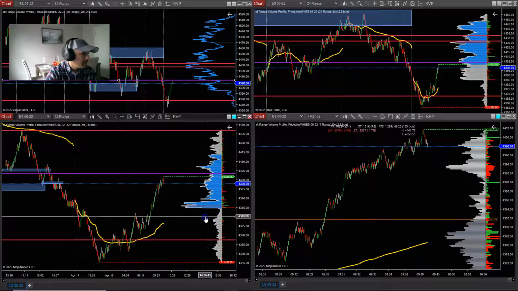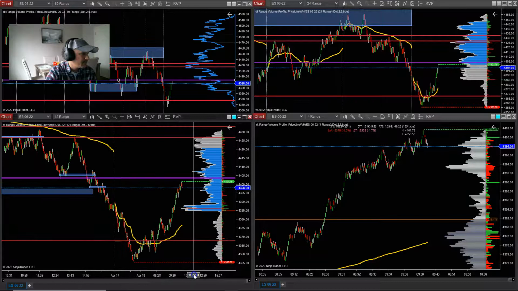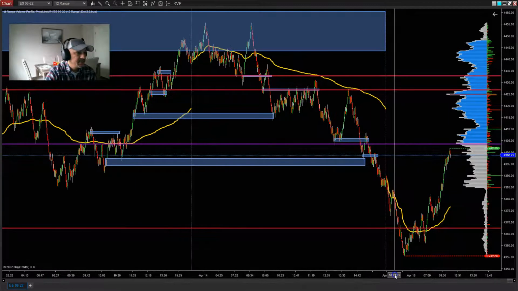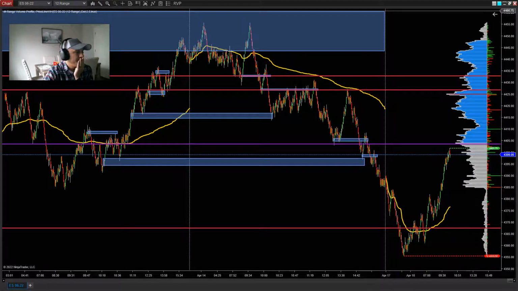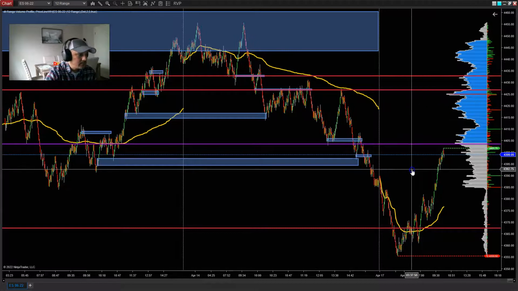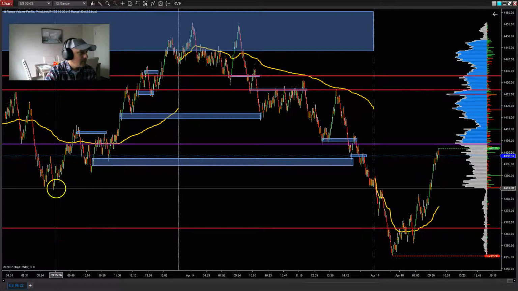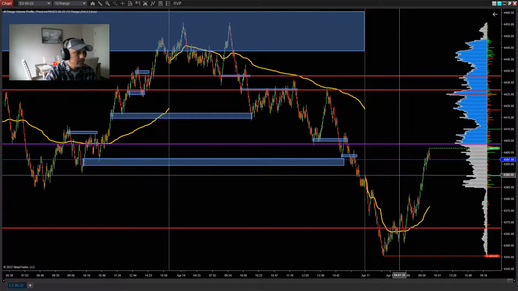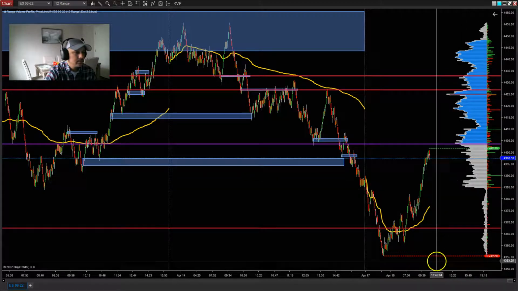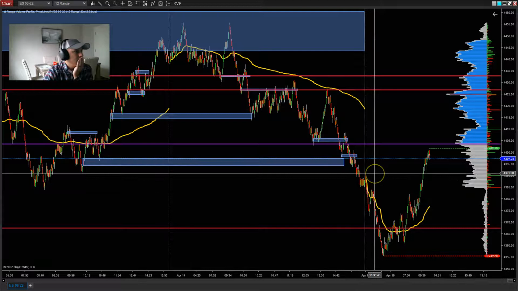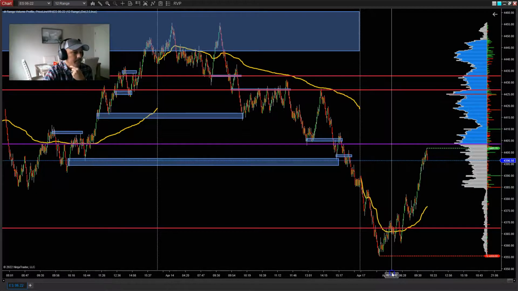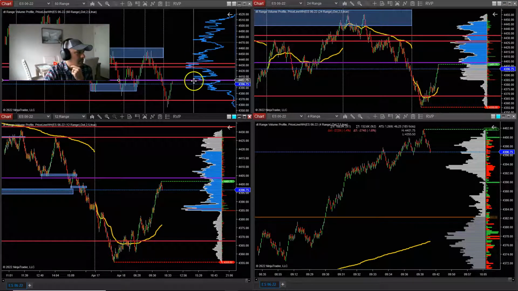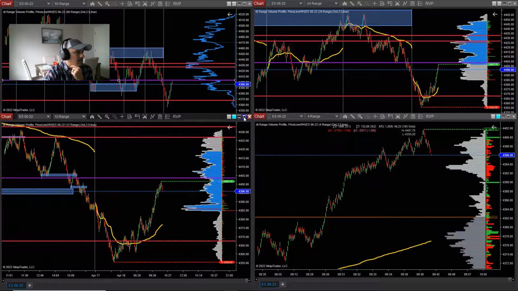So the price right now is bouncing off of that area, and let's look at the 12 range. Let's see if it's going to tell us anything here. We're bouncing off that area.